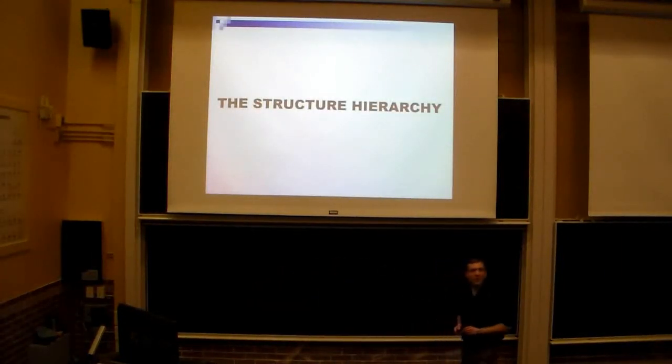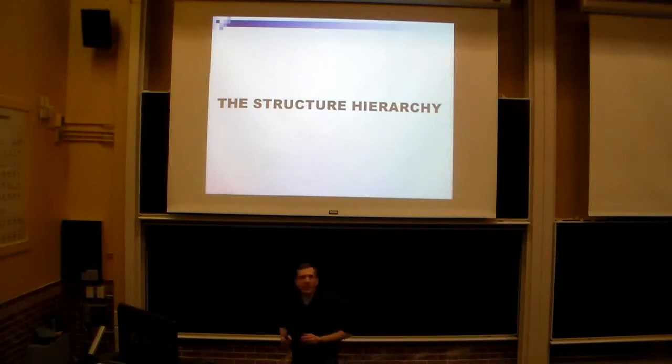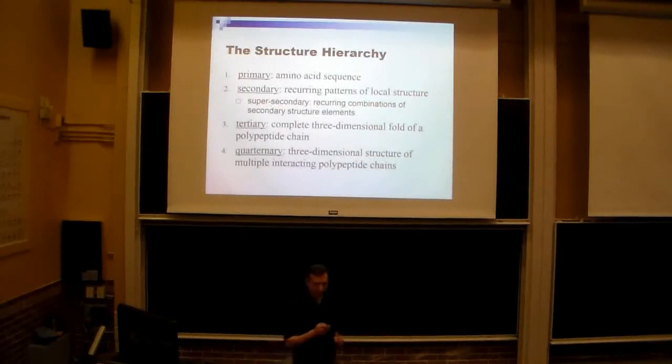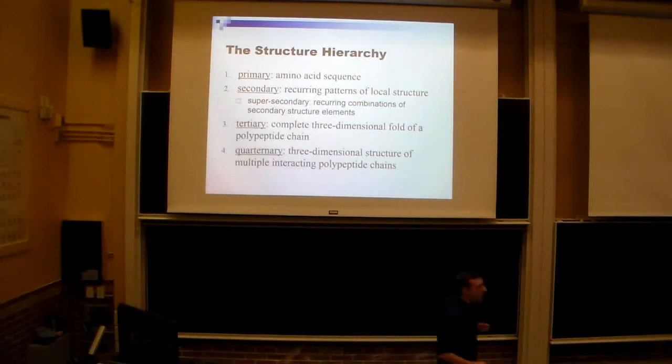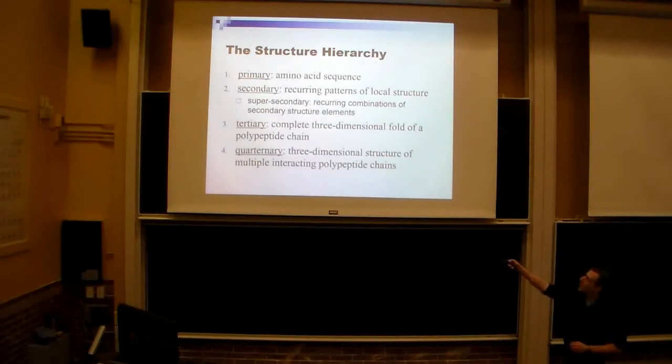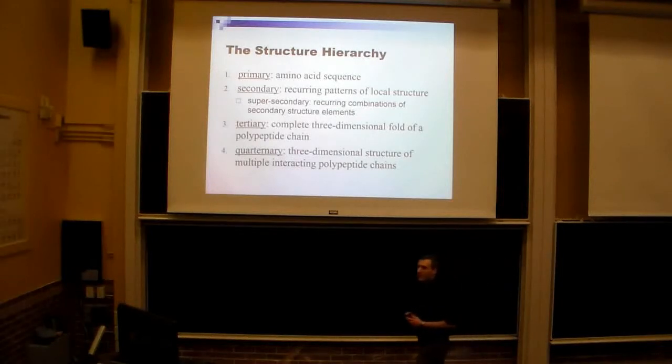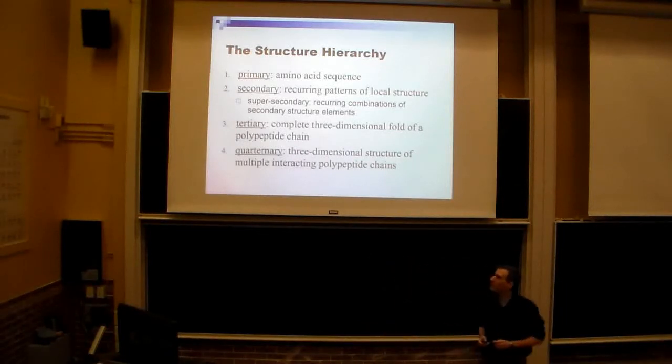So to start with, what we're going to be talking about is the protein structure hierarchy. This is something that's likely many of you have seen in previous classes, and this is often broken down into 4 levels of protein structure. We have the primary structure, which we've already seen. So the primary structure is simply a synonym for the amino acid sequence that we saw when we looked at sequences in the first couple of weeks.